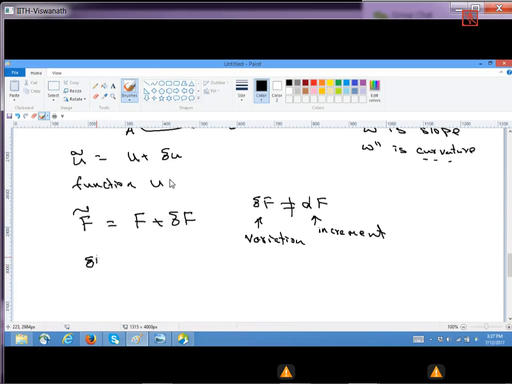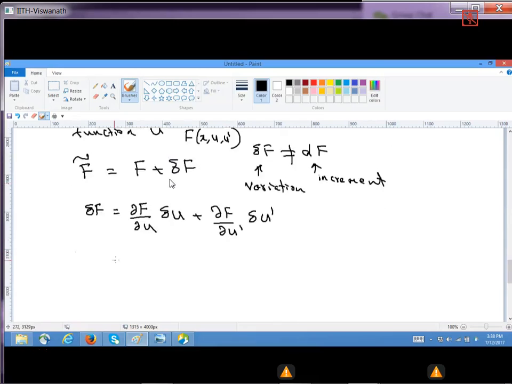Anyway, delta f can be written as dou f by dou u times the variation in u, plus dou f by dou u dash times delta u dash, and so on. Let's assume that our function f is only a function of x, u and u dash alone. So this is your variation in f.